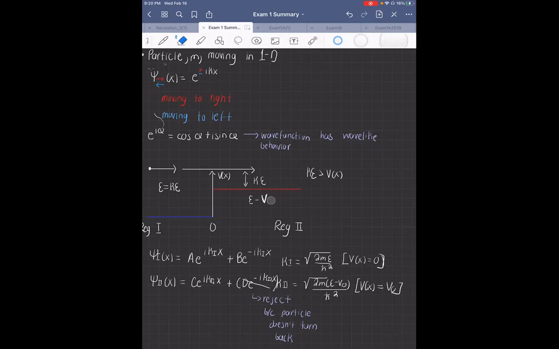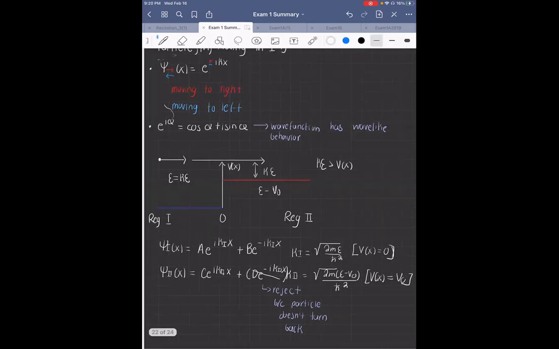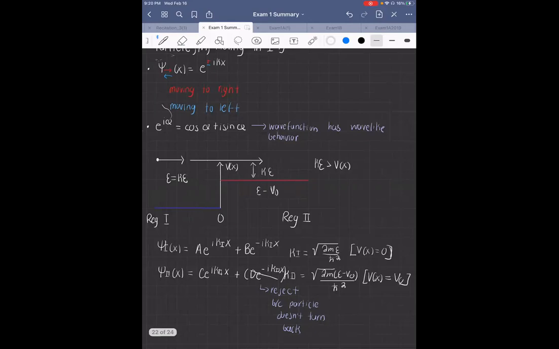From solving Schrodinger's equation, you find that this equation describes the particle's wave function in the first region. This term describes the particle going to the left, so there's a probability that before crossing the barrier, it turns back.